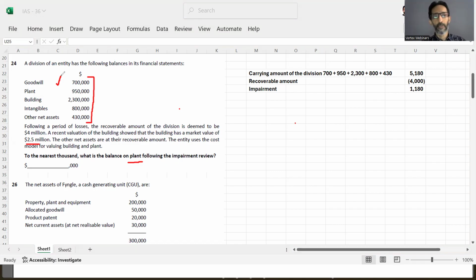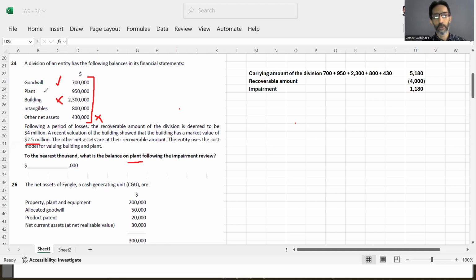Then we have the plant, building, and intangibles. The net assets do not take any load of impairment according to the standard. So we are left with the plant and building. And we have already discussed that the building has not given any indication of losing any value. So no impairment charge to the building.